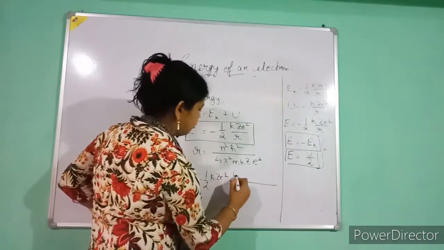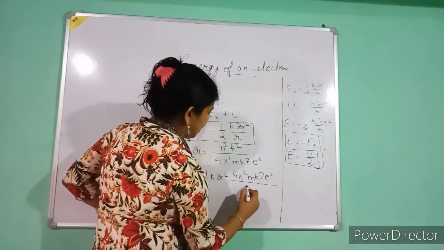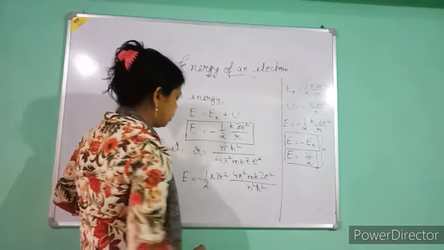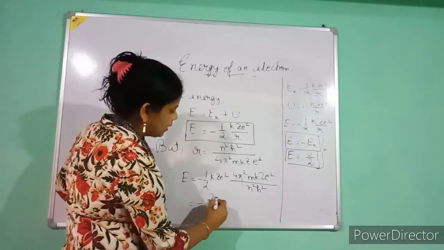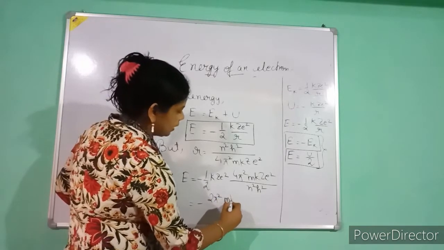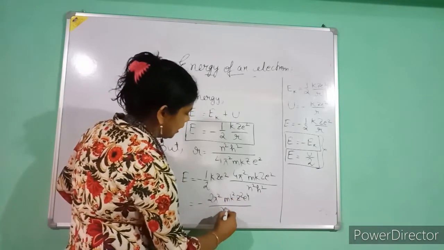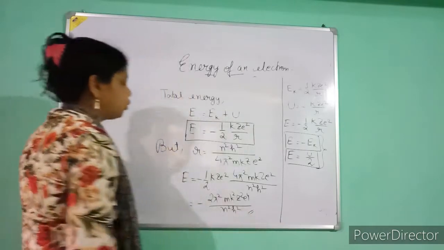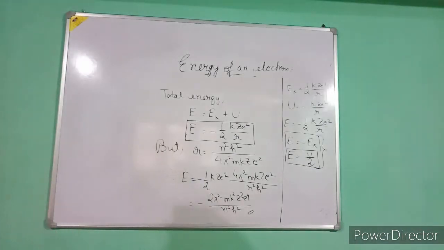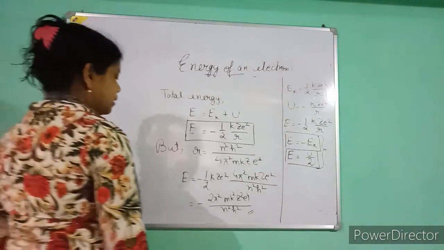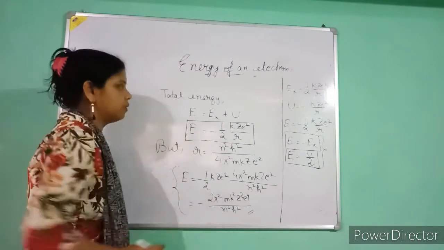Then I can write 4 pi square m k Z e square divided by n square h square. If I solve it, I will write minus 2 pi square m k square Z square e to the power 4 divided by n square h square. So this is my total energy in terms of n, the total energy associated with an electron.